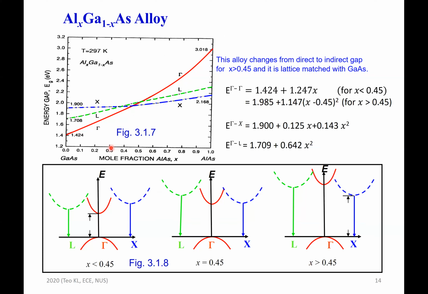Let's say you put about 30%, which is still a direct band gap. The direct band gap value is about 1.8, which goes into the red. So by replacing some of the gallium with aluminum to form aluminum gallium arsenide alloy, you can change the wavelength from infrared to red wavelength.